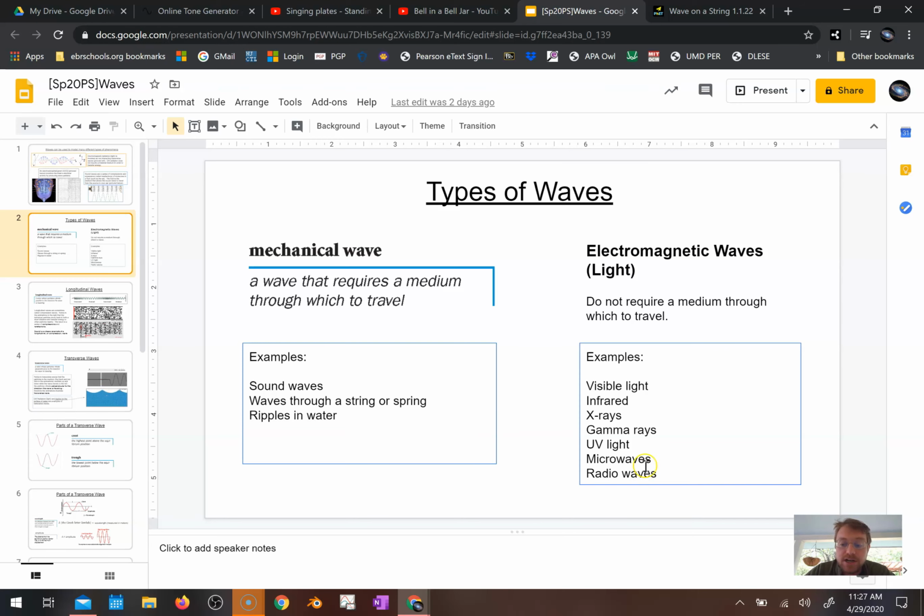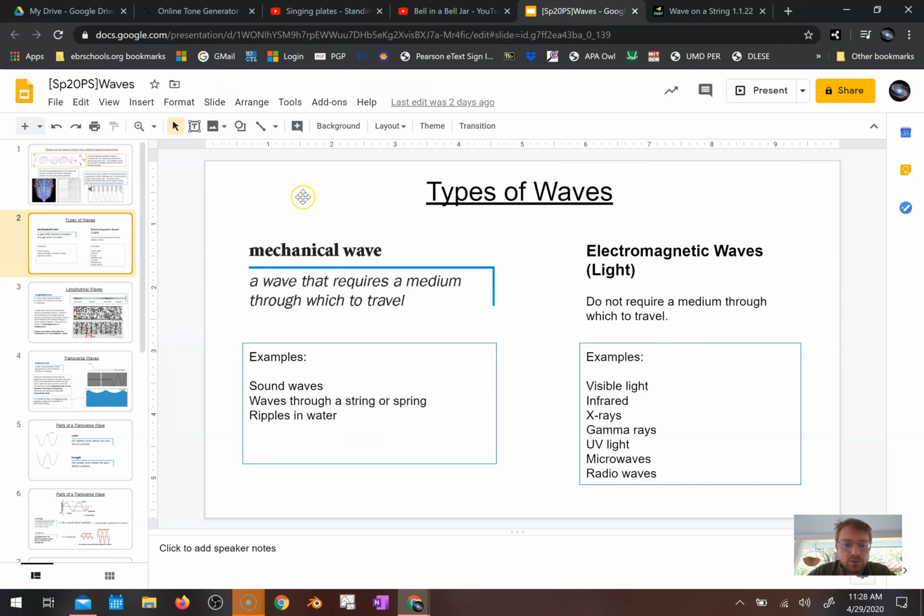And then the high energy, high frequency parts of light are ultraviolet light, which can give us sunburns or damage our skin, X-rays, which have even more energy, and gamma rays, which will just shred organic tissue pretty quick. So all of these can be modeled as waves.